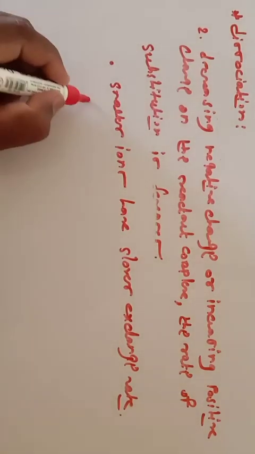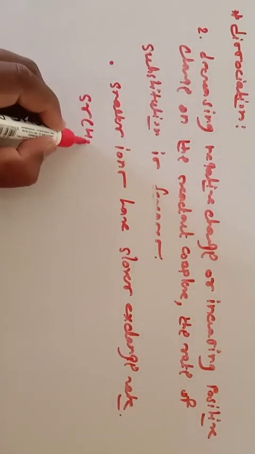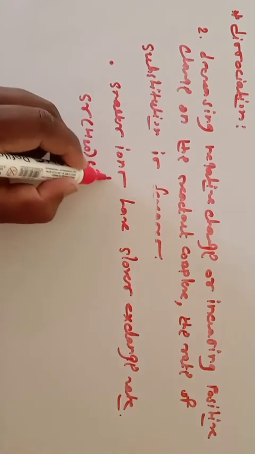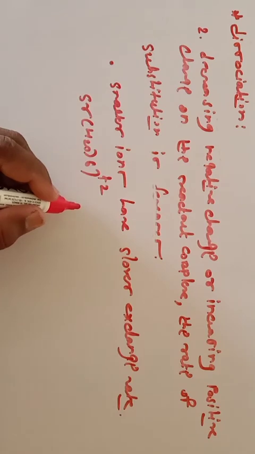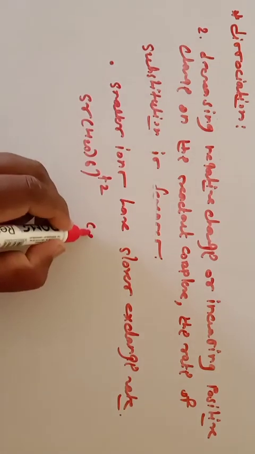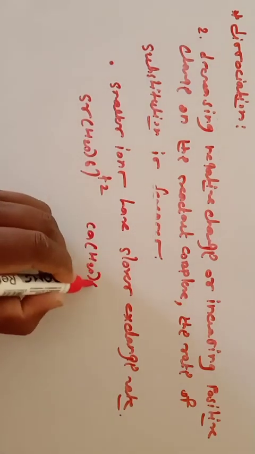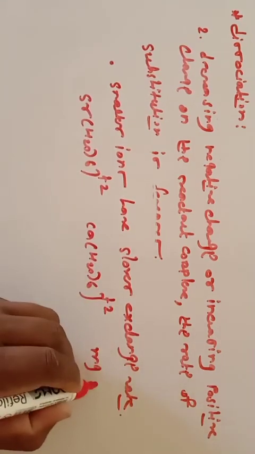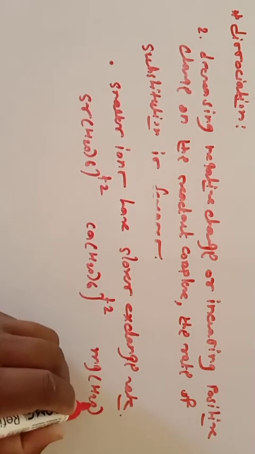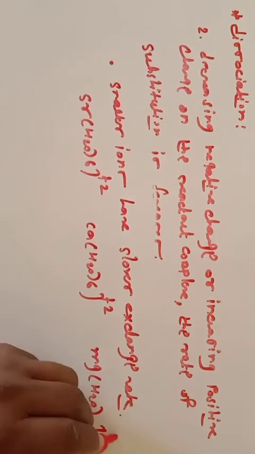For example, consider these complexes: the strontium complex, the calcium complex CaH2O6, which is in +2, and the third one, MgH2O6, which is also in +2.